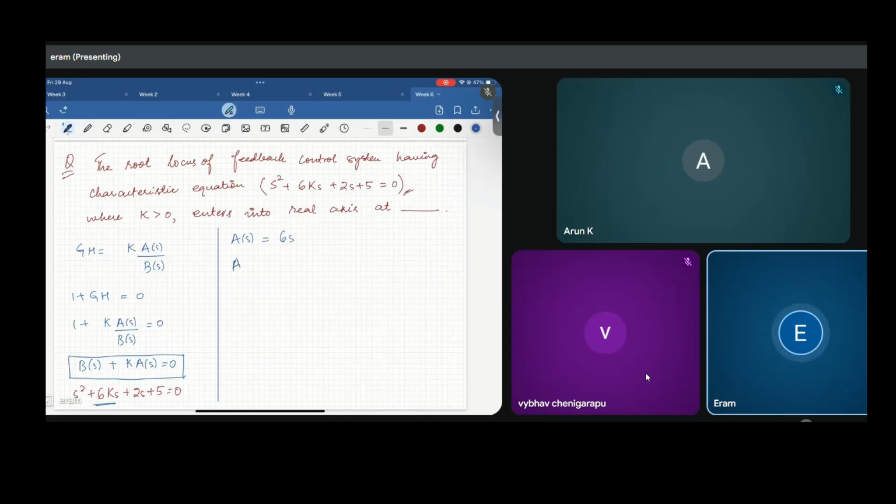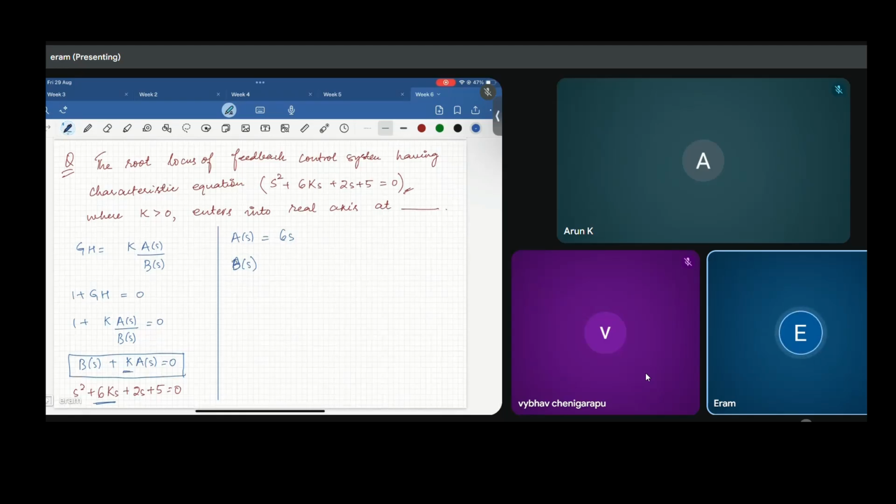And what is bs? bs is all other terms which have no k. So it is s square plus 2s plus 5. Okay. So the open loop transfer function will be 6ks divided by s square plus 2s plus 5. Right. Now identify the point on the real axis at which the root locus enters.